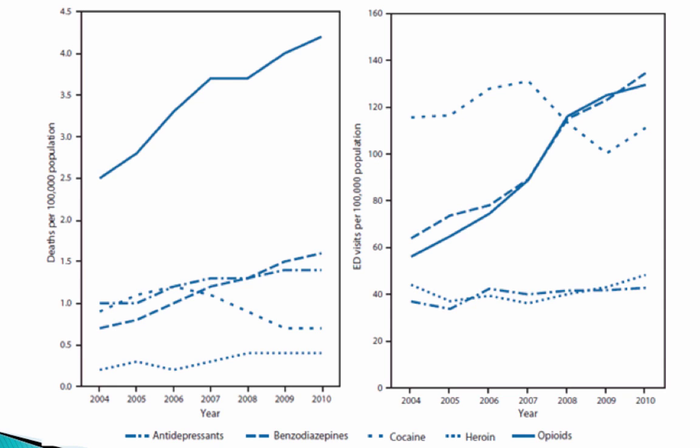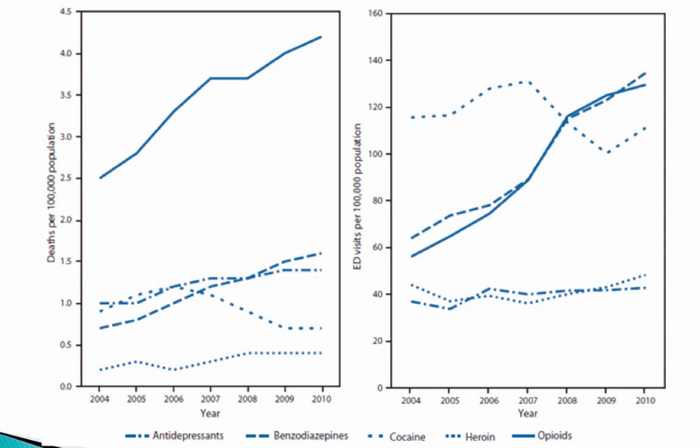If you were a drug czar trying to develop drug treatment programs, you would definitely want to focus your efforts on opioids, and maybe not necessarily on cocaine or even heroin, because heroin has the lowest number of deaths compared to all the other drugs. What about emergency department visits?